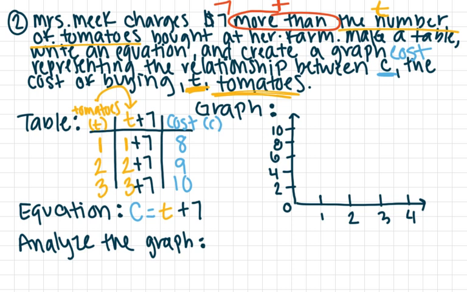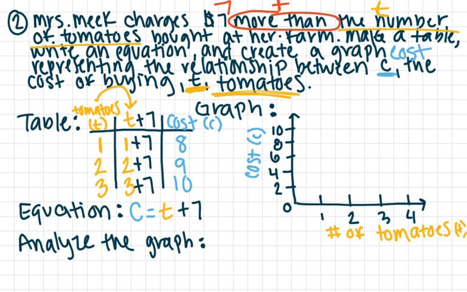And we want to label our graph. So remember, our independent is going to be the number of tomatoes down here. This is what I'm plugging in. And then my result, my answer, my dependent is the cost of those tomatoes, which is represented by C. Remember, tomatoes is represented by a T. And so we're going to go ahead and plot those points.